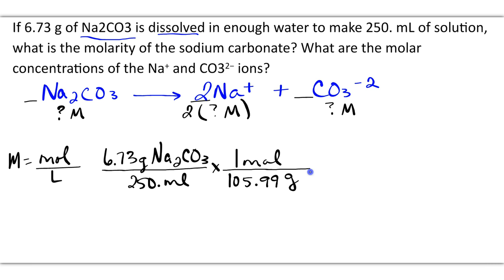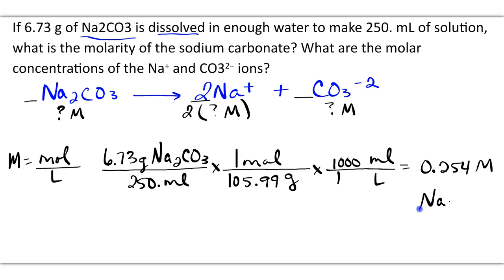1 mole. And now I'm going to convert my milliliters by bringing them up. Milliliters to liter, 1 liter is equal to 1,000 milliliters. So when I do this calculation, I end up with 0.254 molar sodium carbonate.